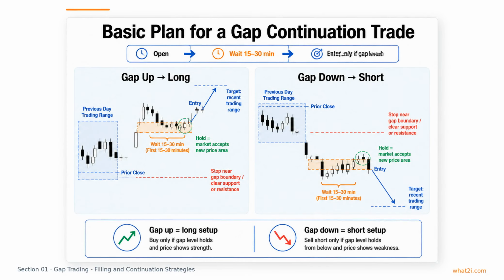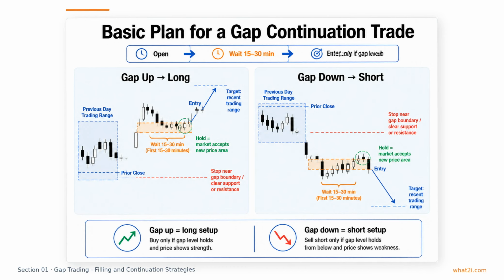A continuation trade starts from the opposite assumption. The market is accepting the new price area. For a gap up, that means looking for a long setup, and for a gap down, a short setup. Instead of acting immediately, many traders wait 15 to 30 minutes to see whether the gap level actually holds. If a gap up pulls back but stays above the key gap area, that suggests buyers are defending the move rather than abandoning it.